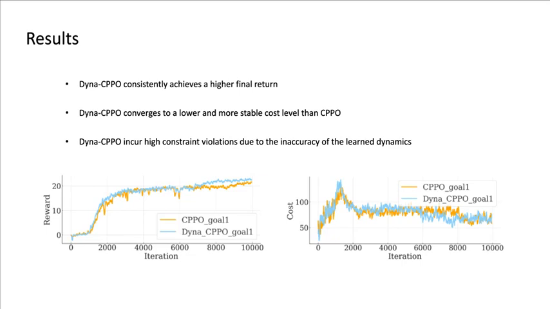So these two figures jointly show that the dynamics model has a high potential to improve the performance of CPPO. However, when we take a detailed look at the initial training stage for Dyna CPPO, we observe higher constraint violations. One possible explanation is that at the initial training stage, the learned dynamics is too inaccurate to simulate the environment.